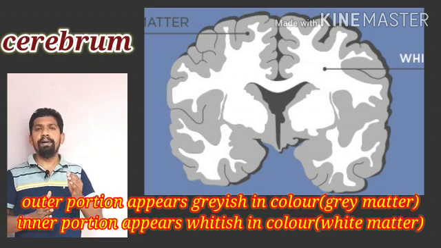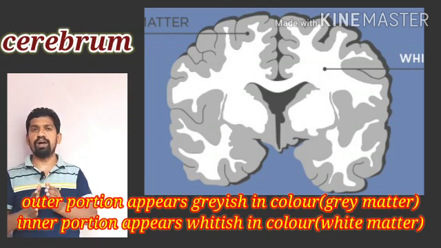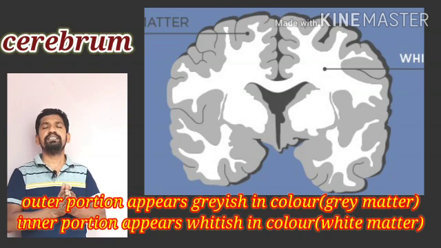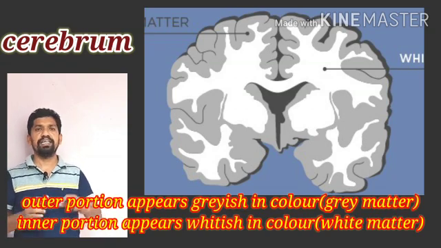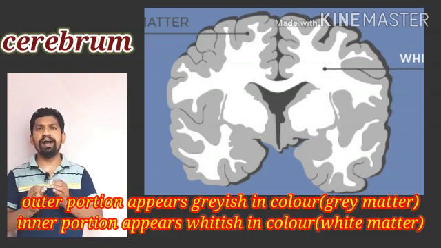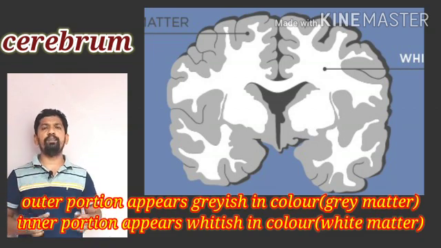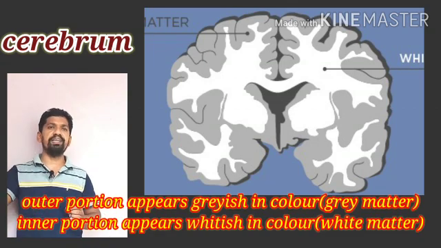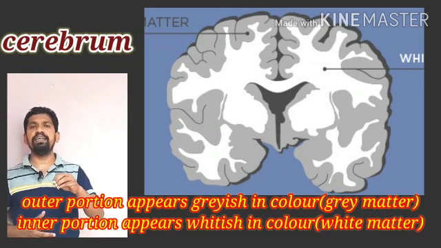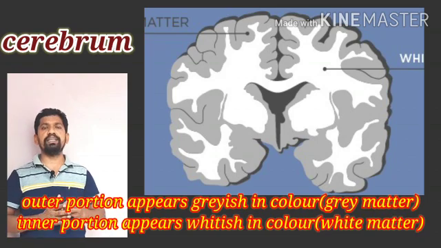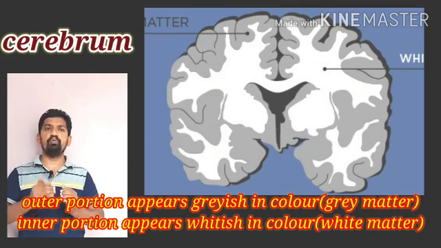Due to the myelinated axons of the neurons, the center portion of the cerebrum appears whitish in color, known as white matter. In the cerebrum, we have two matters.